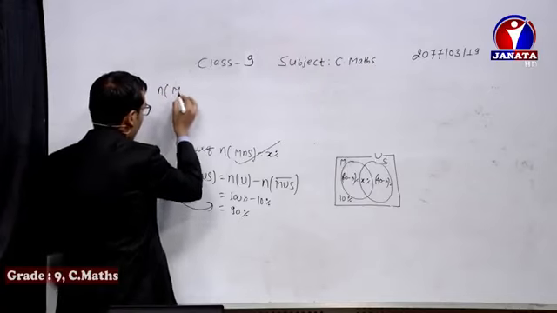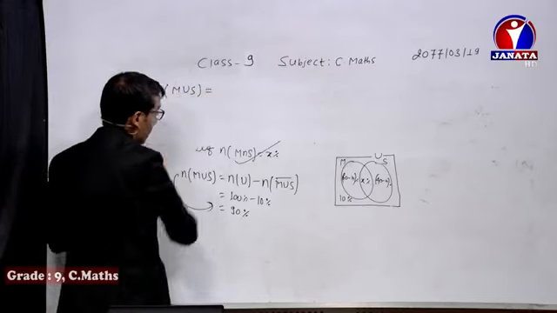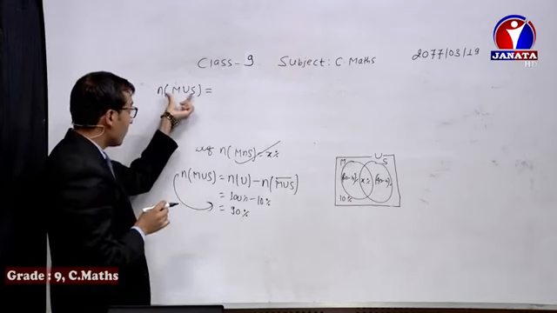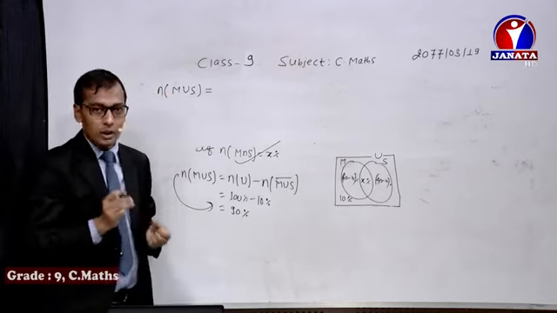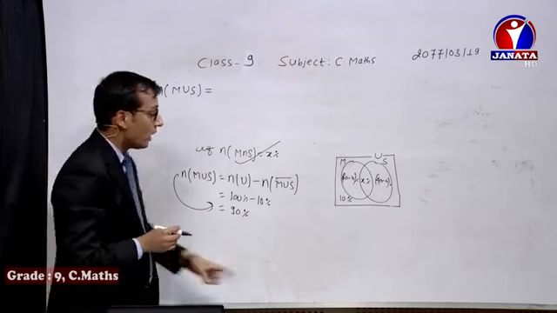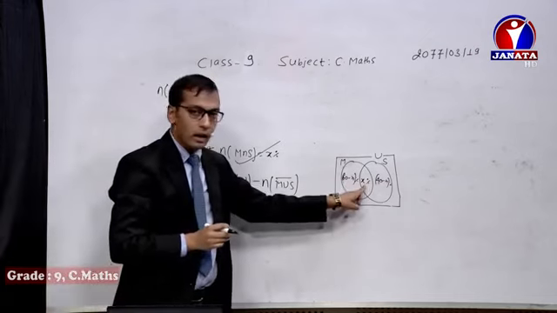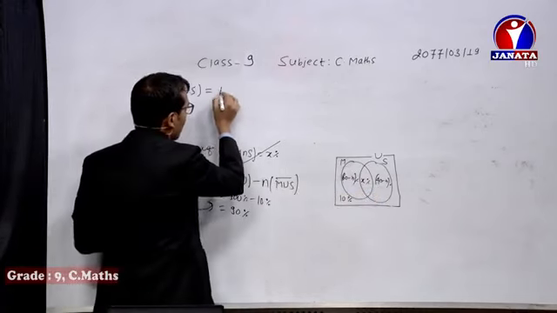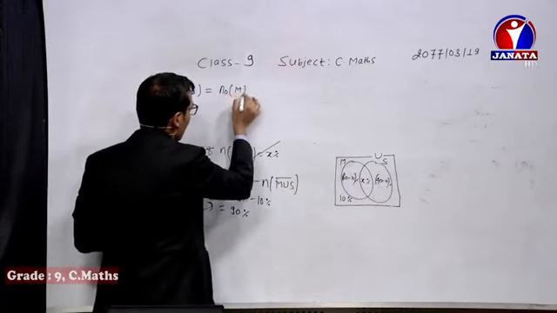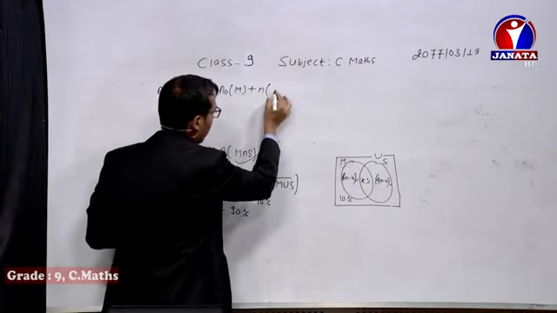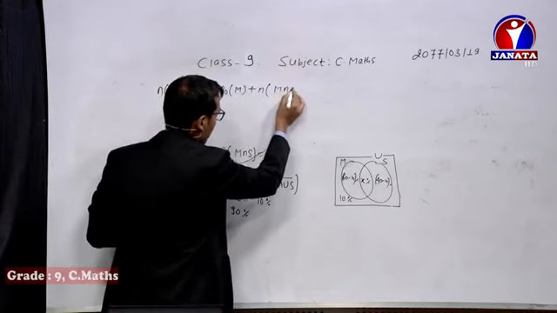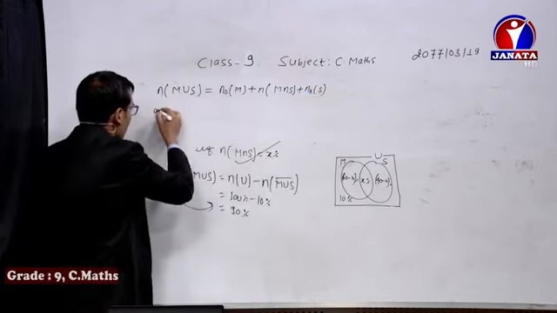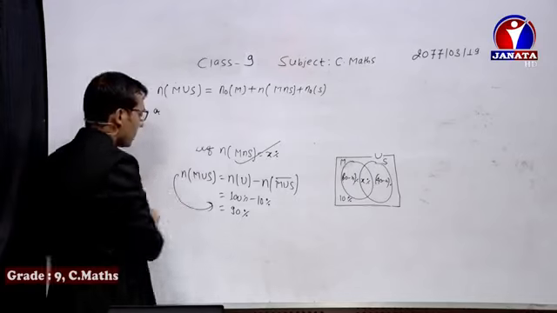Under N of M union S, there are 3 different regions, which are N only M plus the intersection plus N only S. So this is N only M plus N of M intersection S plus N only S. What is N of M union S?